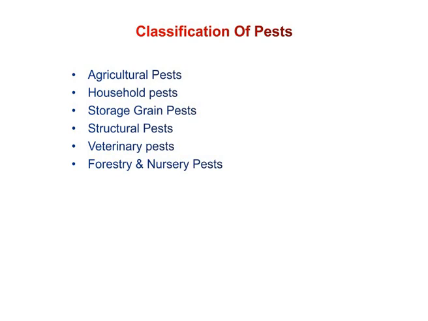So this is a brief view of the classification of pests. The detailed explanation of each and every pest we can continue in the next lecture. Okay, so thank you so much.